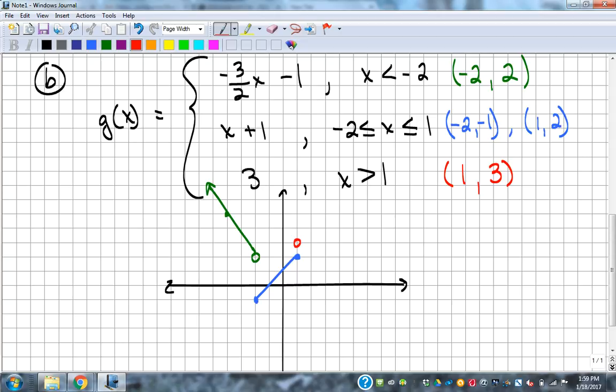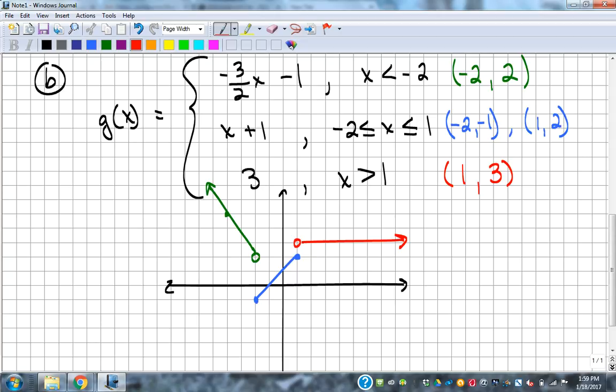Does it have an arrow on the end of it? Yes, absolutely. You do a very good job getting that. So not too bad. It's a little tedious. You've got a lot of little pieces to do to come up with something this simple looking, but it's one piece at a time to build the piecewise function.